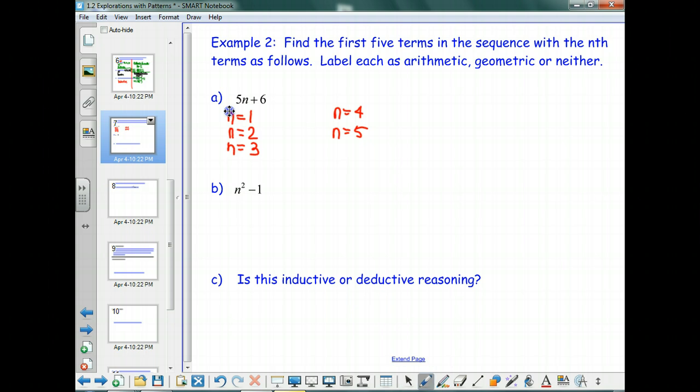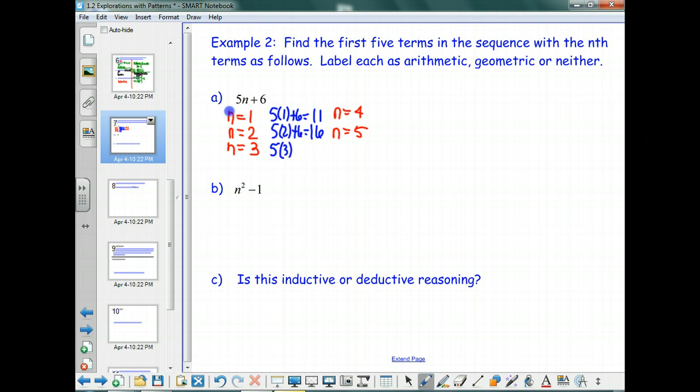So what do I get if n is equal to 1? 11, right? 5 times 1 plus 6, 11. Maybe we're trying to put n equal to 0. That's okay. N equals 1. What about when n equals 2? 16.